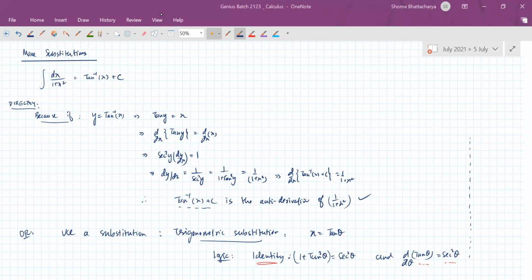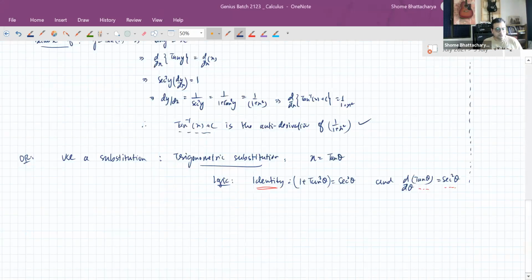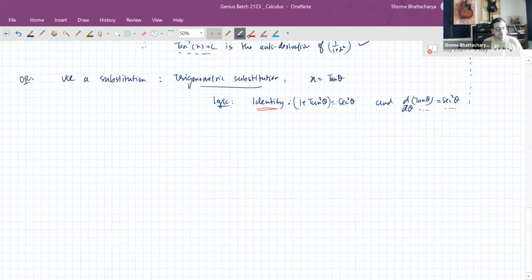Okay, so I'm sure now all of you must have worked out how to make use of this substitution. So for example, in the above integration, let's say this is the integration I'm trying to do. I just substitute x as tan theta. So that means the whole denominator becomes sec square theta.